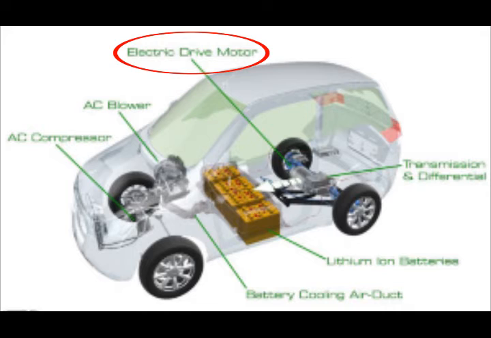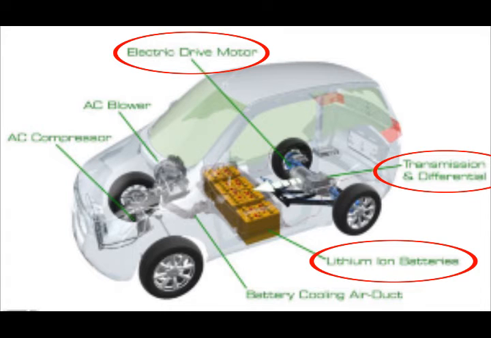In addition to that, the transmission and the differential are also located towards the rear end of the vehicle. The lithium-ion batteries which power the motor are located beneath the passenger and the driver's seats. The other components, such as the battery cooling ducts, are located towards the front end of the vehicle.